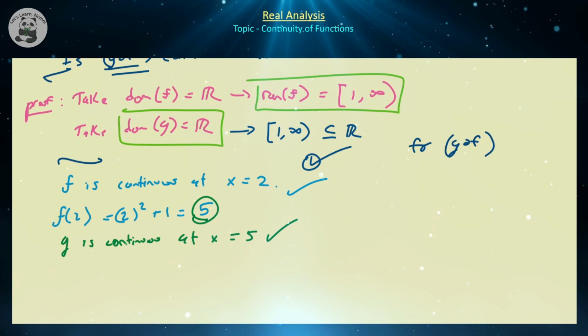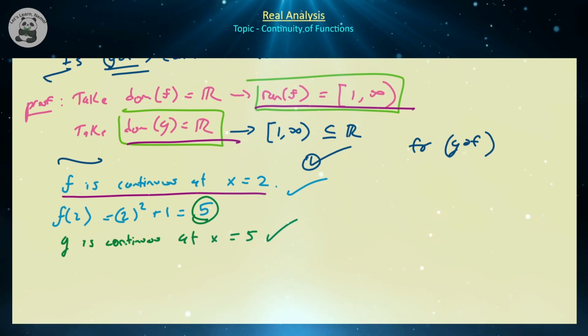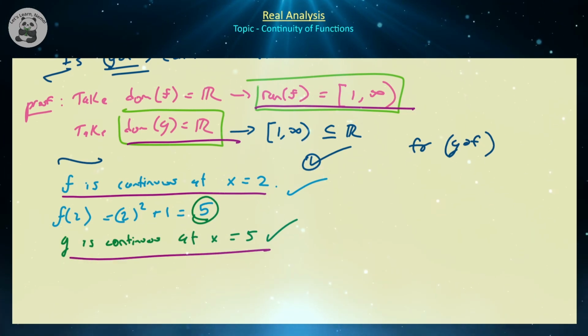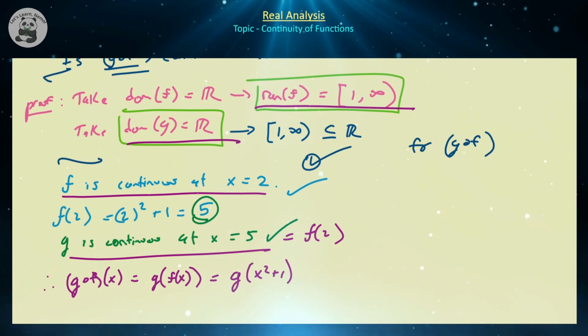So we have that the range of f is a subset of the domain of g, that's our first. We have that f is continuous at 2. We have that g is continuous at f of 2, because that's just f of 2. That means the function g composed with f, let's actually state what this function is. What is f? f is just x squared plus 1, and g is something squared plus 5.